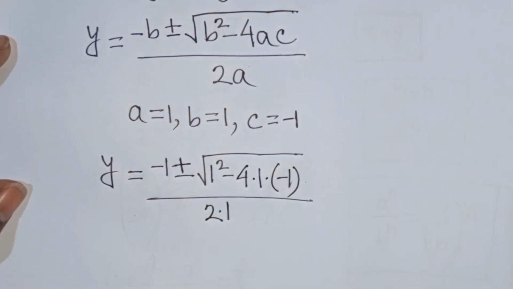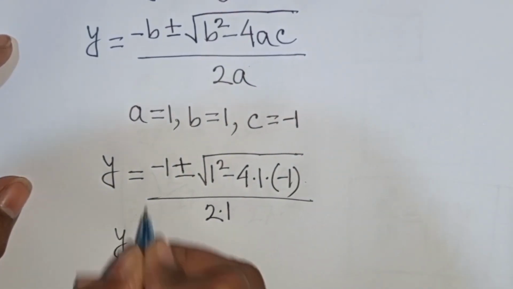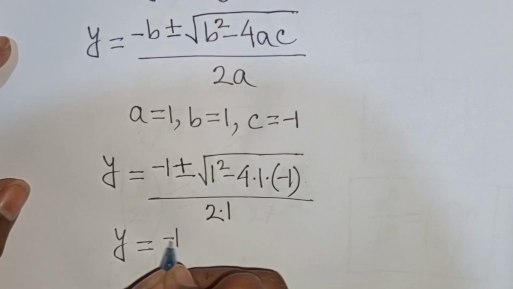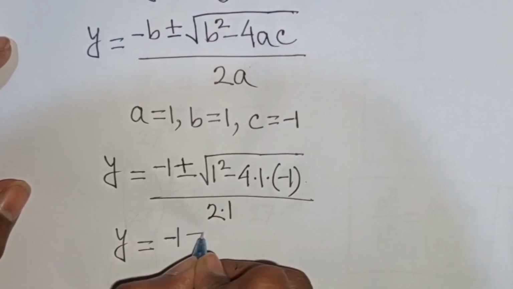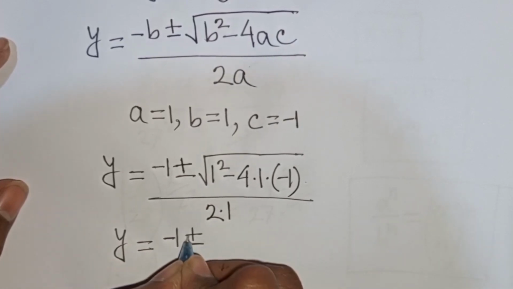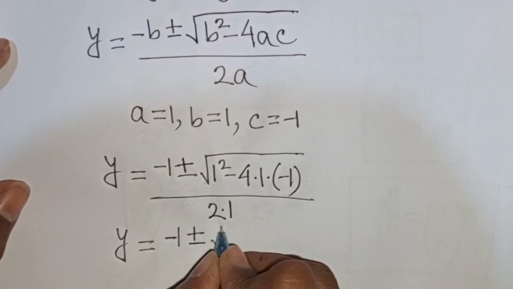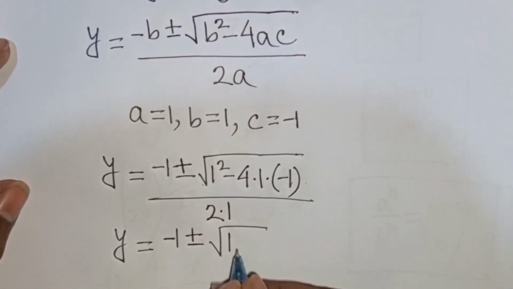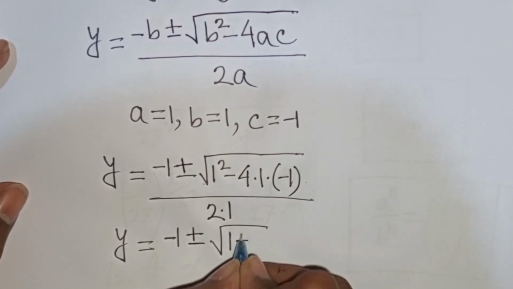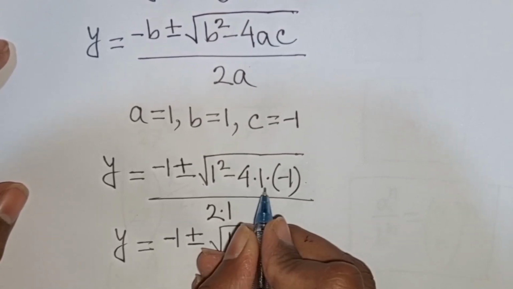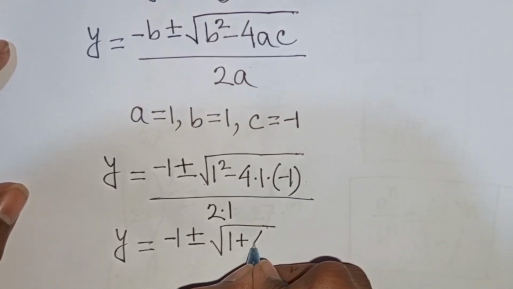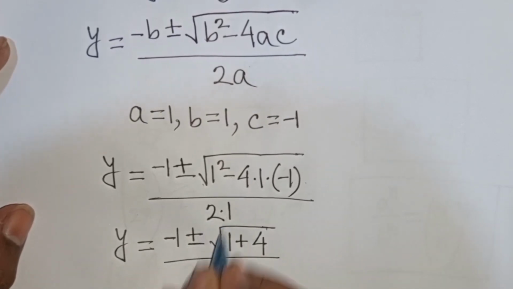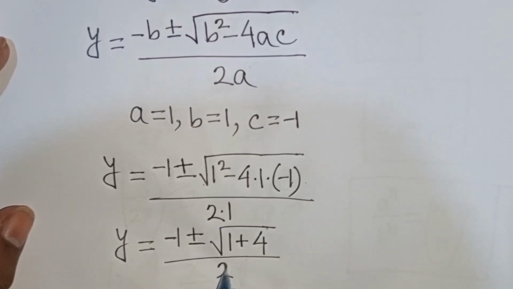Now we can write here y is equal to minus 1 plus or minus square root of 1 square is same as 1, then minus times minus, that means it will be plus, then 4 times 1 times 1, that means it will be 4, then divided by 2 times 1, that means 2.